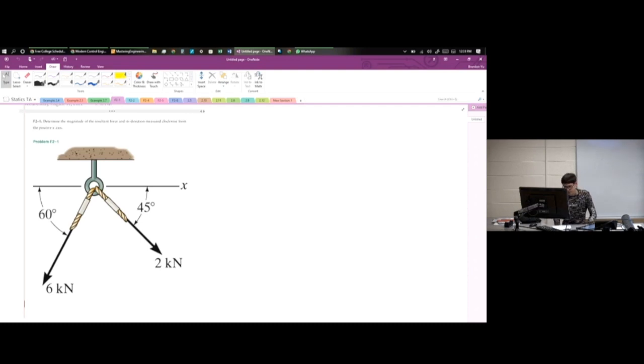Right, so you would do the square root of F resultant x squared plus F resultant y squared, right?